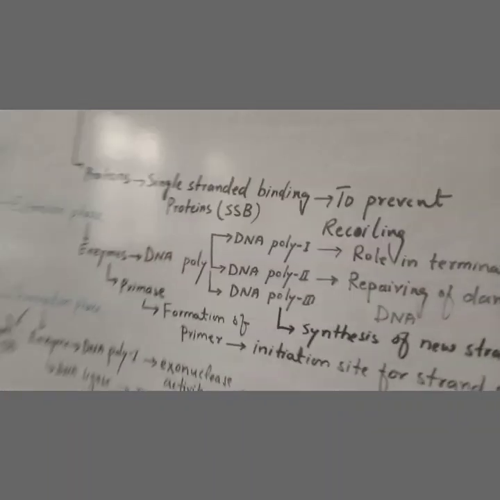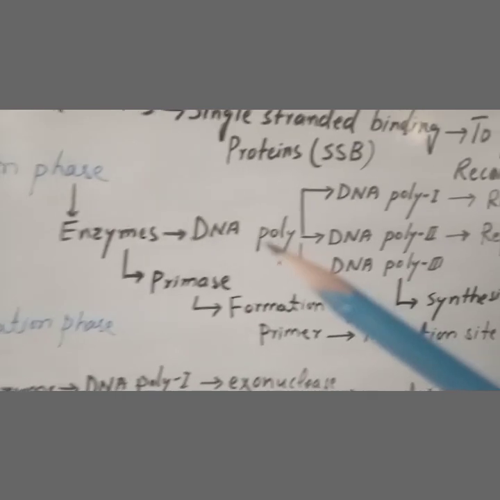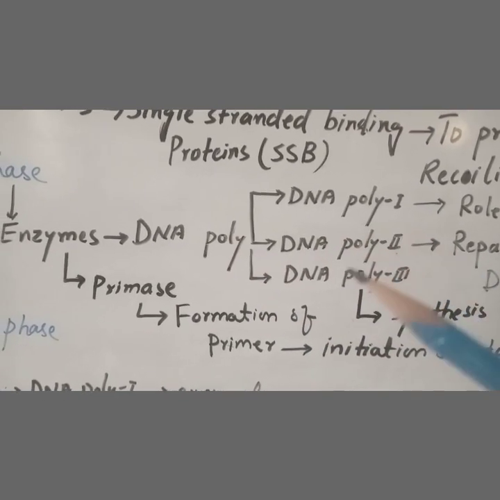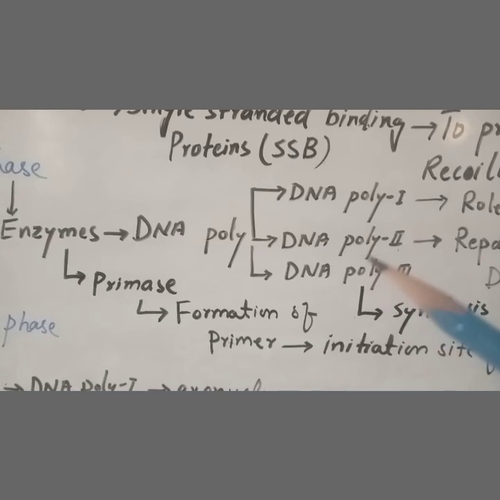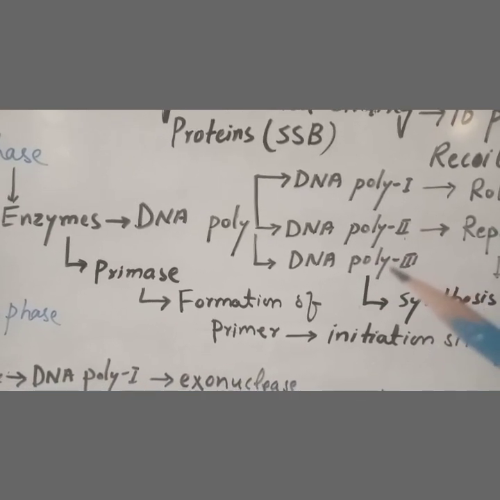After that, the elongation takes place. In the elongation phase, 2 enzymes are involved: DNA polymerase and primase. DNA polymerase is of 3 types: DNA polymerase 1, DNA polymerase 2, and DNA polymerase 3.